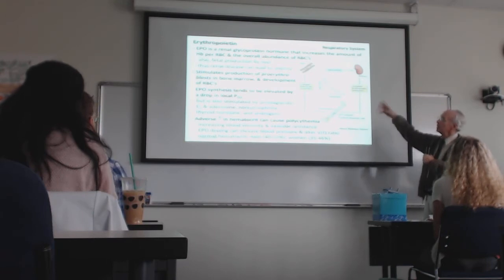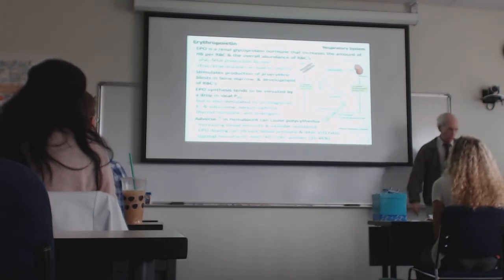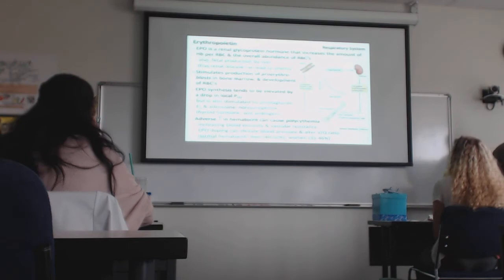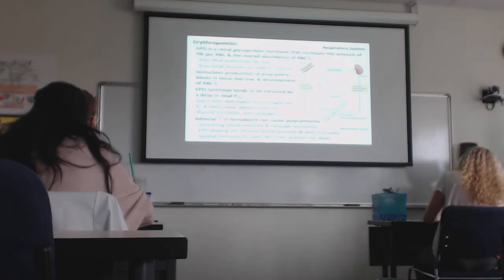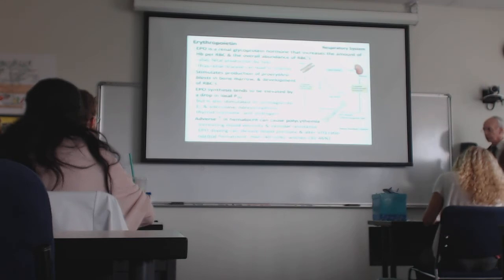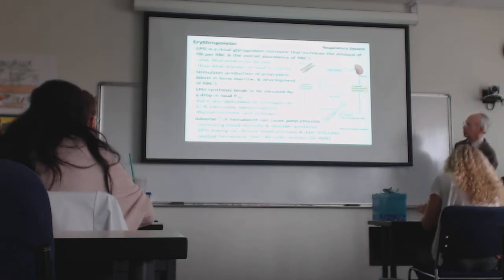Anyway, what is EPO? Erythropoietin is a hormone that, for the most part in adults, is generated by the kidneys. There's some fetal production by the liver, and it has two general effects. Both effects are to increase the oxygen carrying capability.